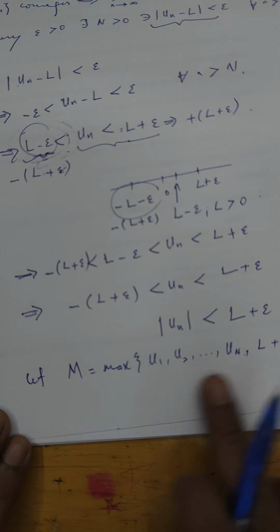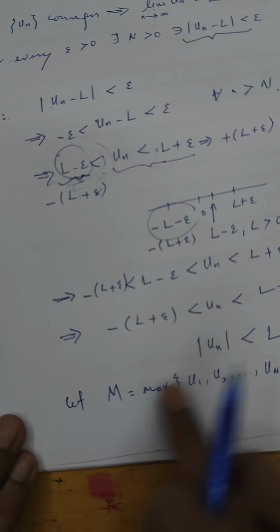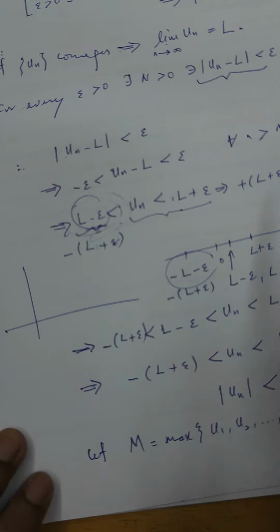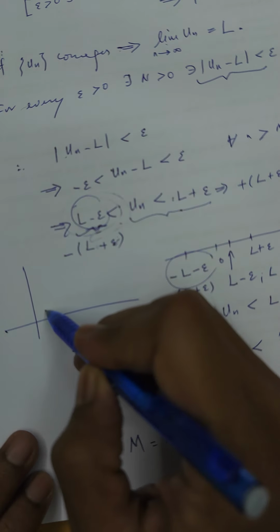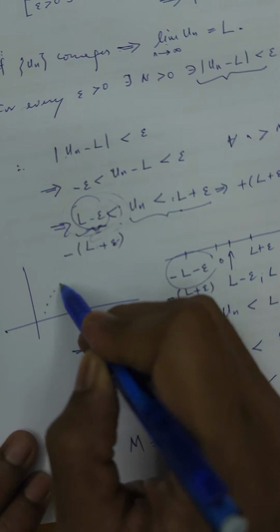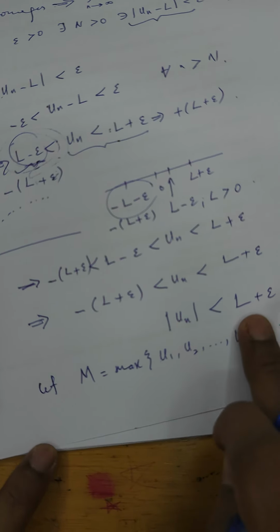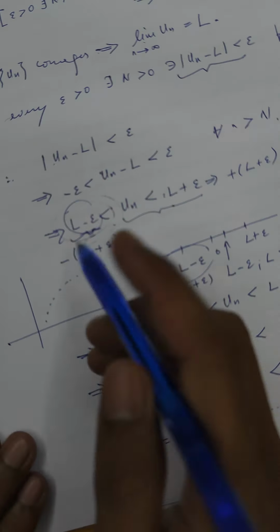Okay, take the maximum. Why? Let me explain. In the sequence, for example, if you consider an increasing sequence bounded like this, our L plus epsilon might be somewhere here.